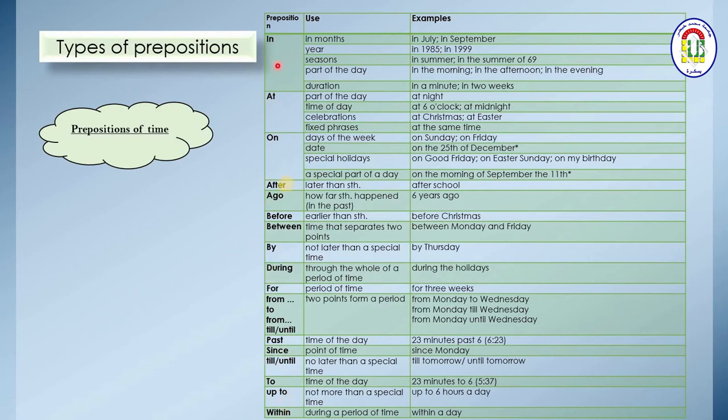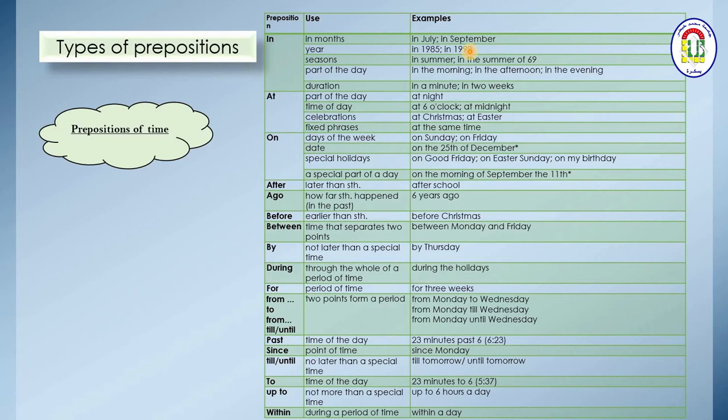These are used mainly for time expressions. We start with in. We use it with months, years, seasons, parts of the day, and duration. I can say in July, in September, in 1985, in 1999.